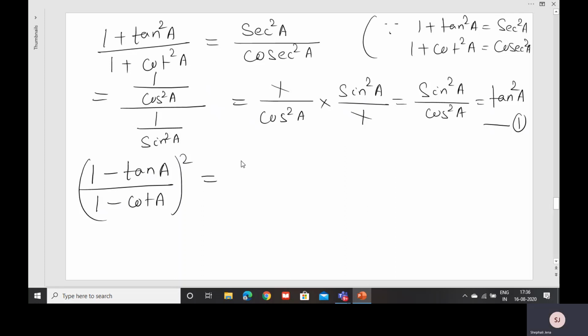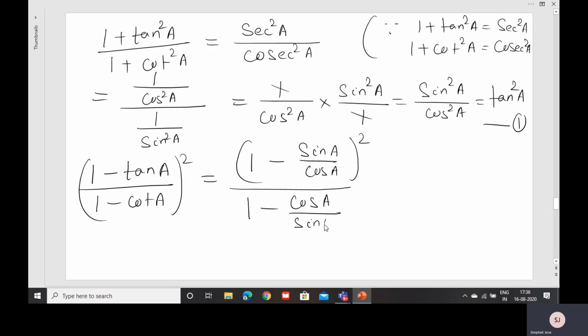So you should write 1 minus tan A in the form of sin and cos: (1 minus sin A divided by cos A) whole square, whole divided by (1 minus cos A divided by sin A) whole square.